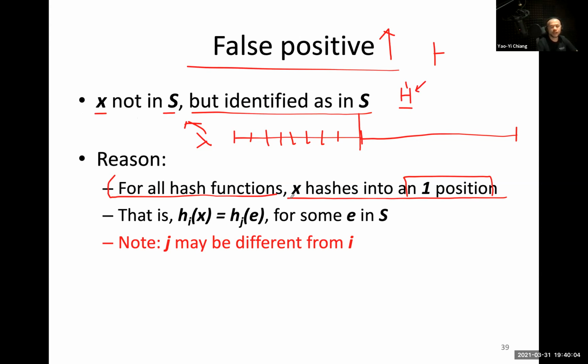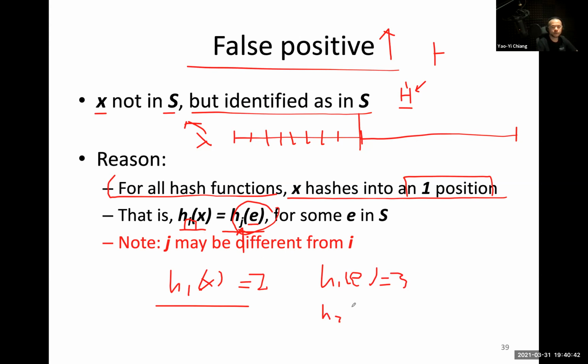So for all hash functions, X hashes into a position that is 1. That will be your X equal to some element E in S under a hash function, and this hash function doesn't have to be the same i. It could be that hash function 1 of X gives you 2, but hash 1 of E gives you 3, so there's no collision, great.